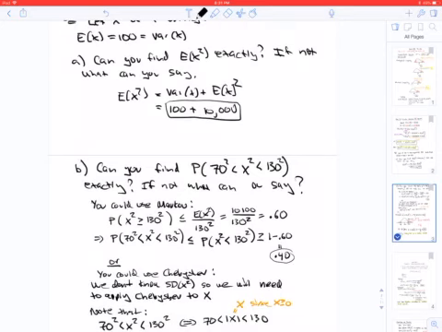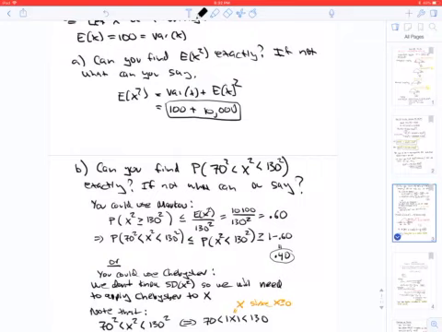By Markov, the probability that x squared is greater than 130 squared is less than or equal to 0.6, and so the probability that x squared is less than 130 squared is greater than or equal to 0.4.